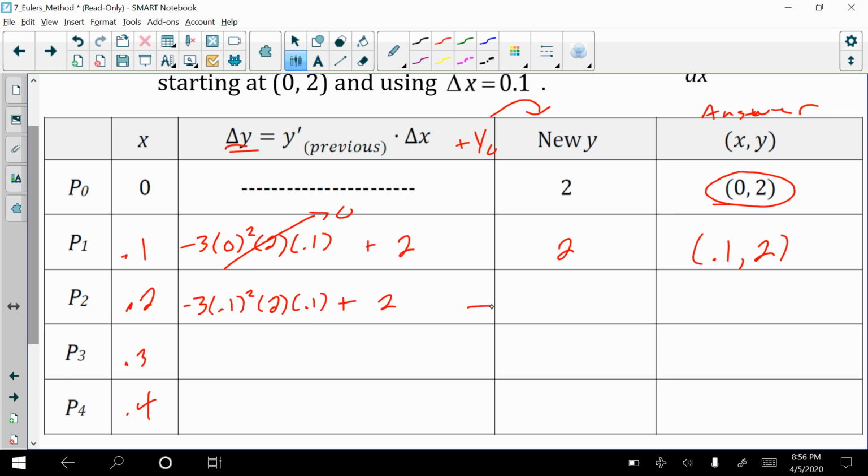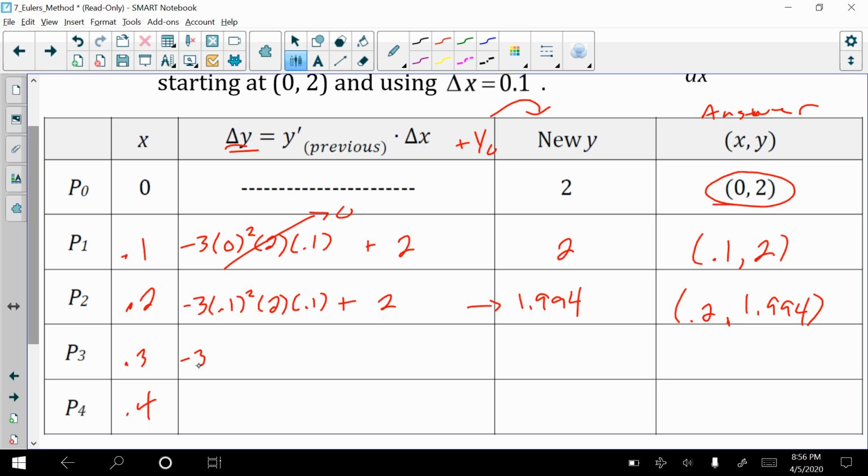So you do all of that on your calculator, and you're going to get 1.994. So my answer, if I did 2 steps, I would have x as being 0.2 and y being 1.994. And we're going to just kind of continue in that fashion.